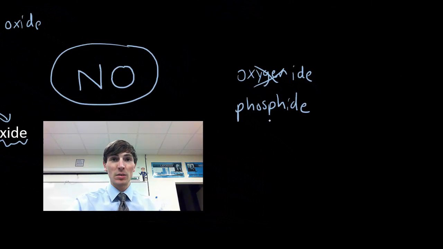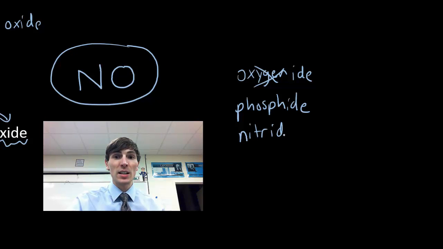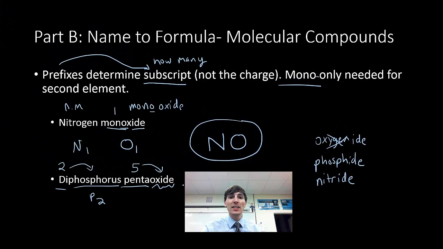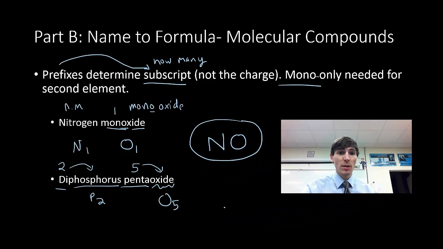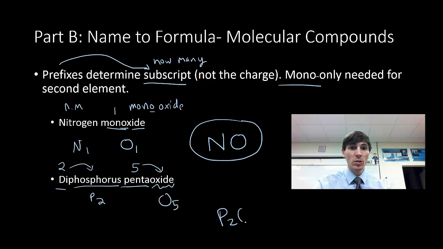We just get rid of some of those letters to make it more consistent. And this is an exception. You just need to memorize it. Nitrogen's the same thing. You're not going to see nitrogide. You're going to see nitride. So when I see that ending, we're looking for nitrogen, phosphorus, oxygen. So anyway, I have oxygen, and I have 5 of them. Penta stands for 5. So my formula is P2O5.